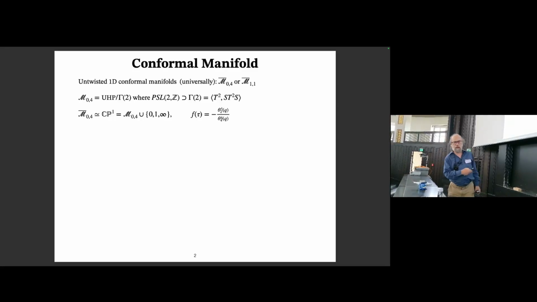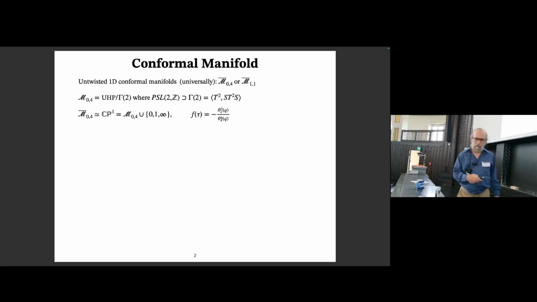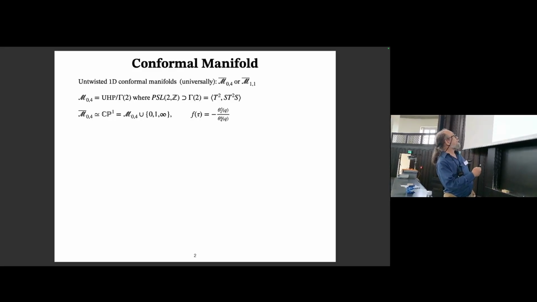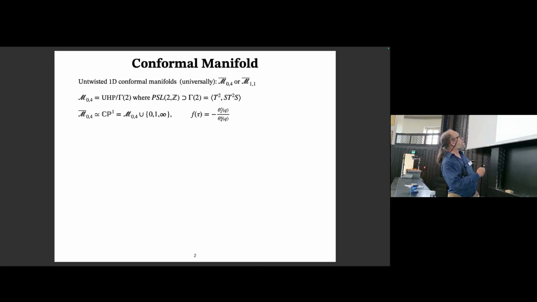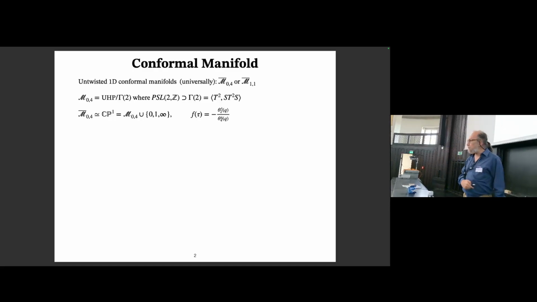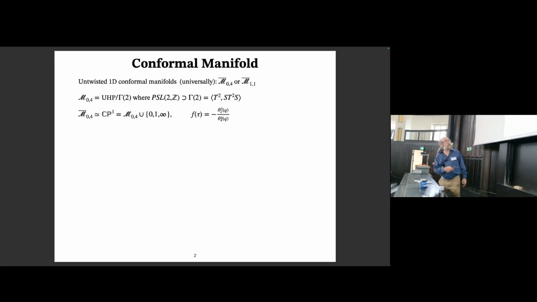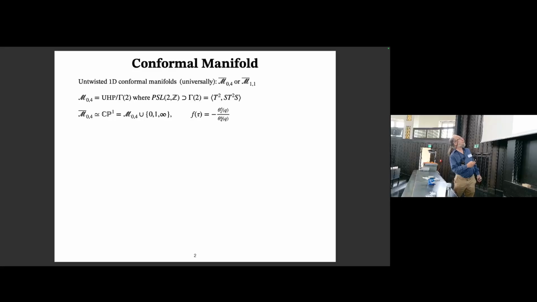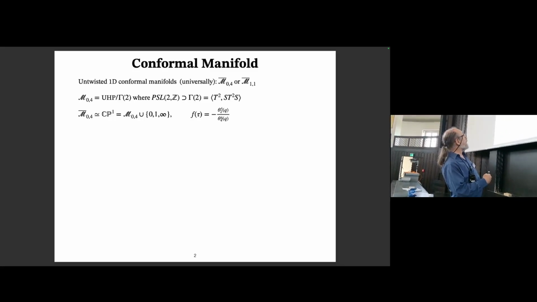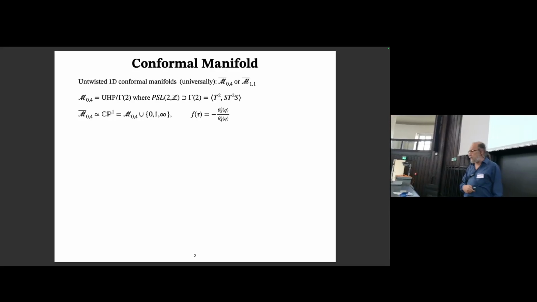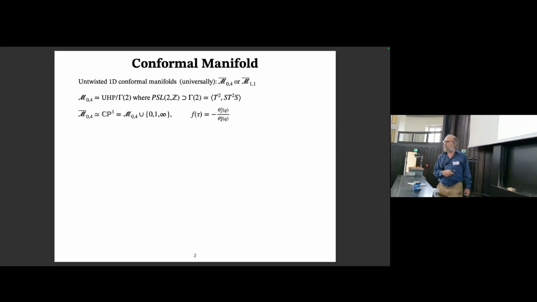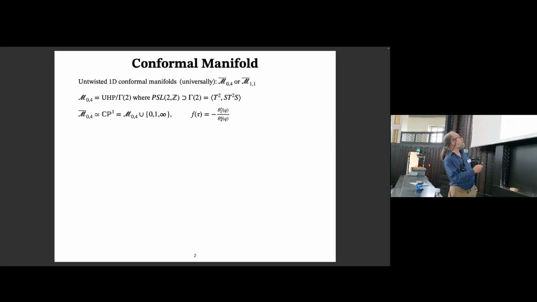And for the 4-punctured sphere, which will be the subject of much discussion during this talk, the moduli space is the upper half plane modulo the congruence subgroup Gamma(2), where Gamma(2) is the subgroup of PSL(2,Z) generated by T squared and S T squared S. And the compactified moduli space, and I'll dwell on why I want to think about the compactified moduli space in a bit, is just a copy of CP1.